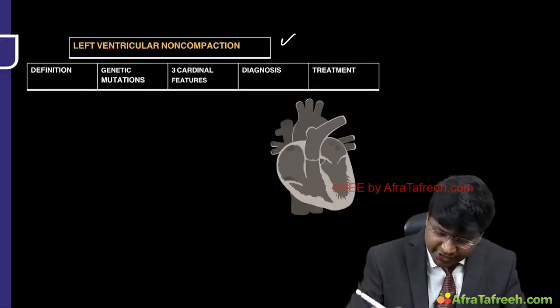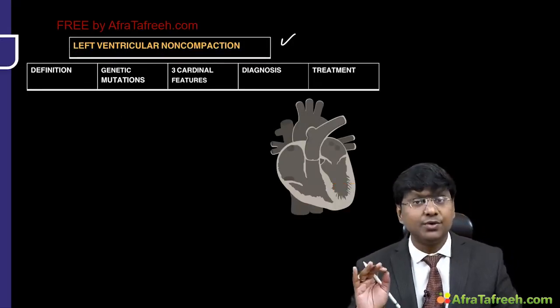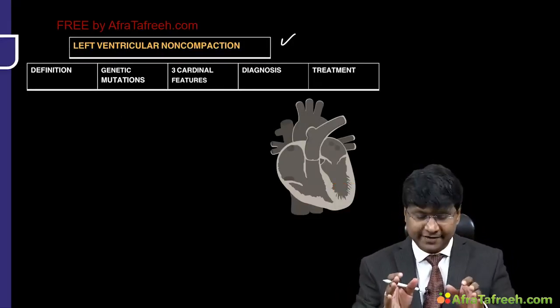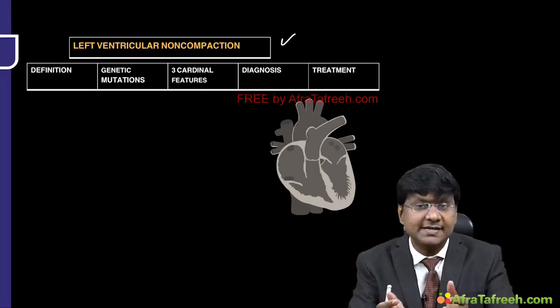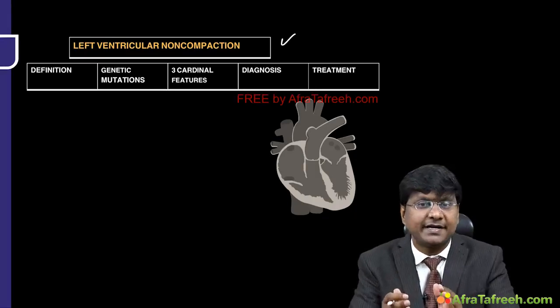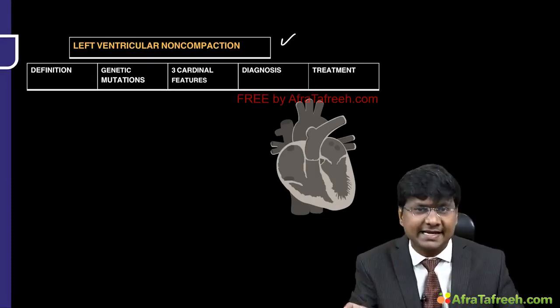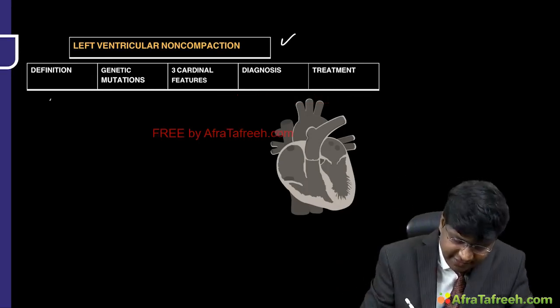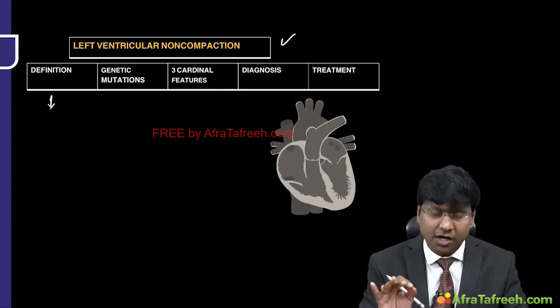Next important etiology for dilated cardiomyopathy is left ventricular non-compaction. This left ventricular non-compaction is a condition of unknown prevalence that is increasingly suspected with the refinement of imaging techniques. But what exactly happens here? What is the definition or the diagnostic criteria for LV non-compaction?